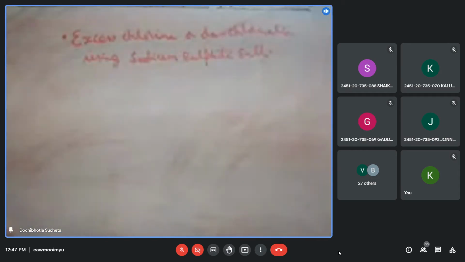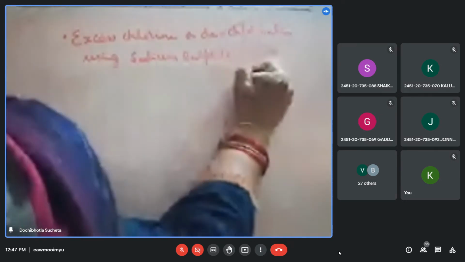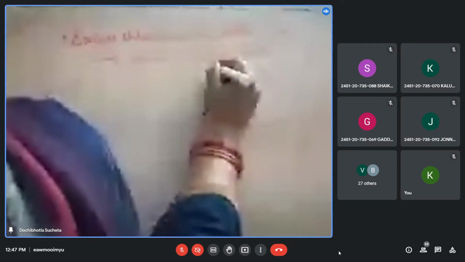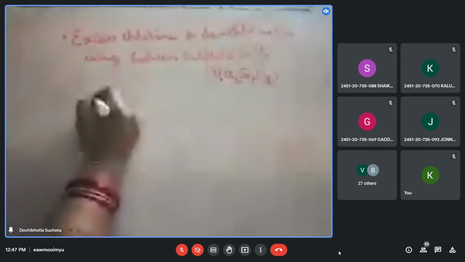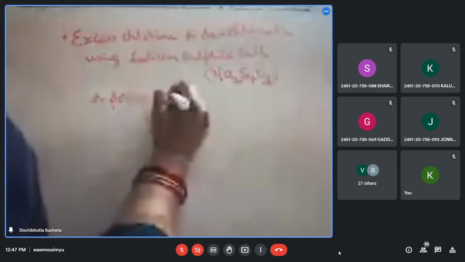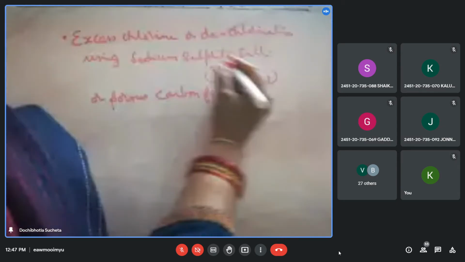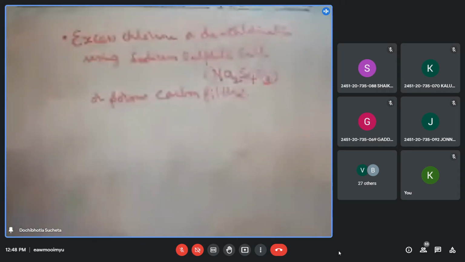So what's the formula of sodium sulfite? Na2SO3, sodium sulfite, and or passing through porous carbon filters. The excess chlorine can be removed. Okay, this finishes water chemistry.